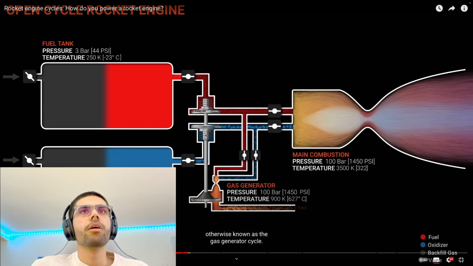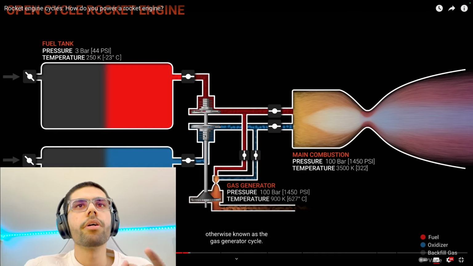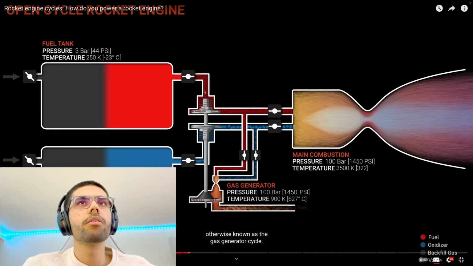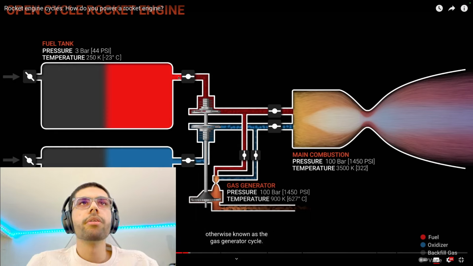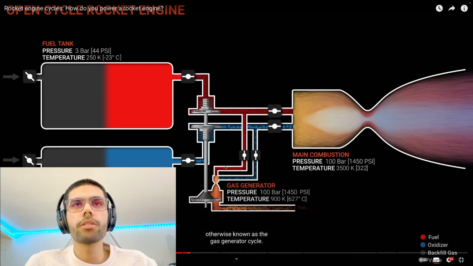Here we are actually pumping the fuel to this gas generator. Can you see my mouse? The fuel is going to this gas generator first, and some of the oxidizer is also going to the gas generator.